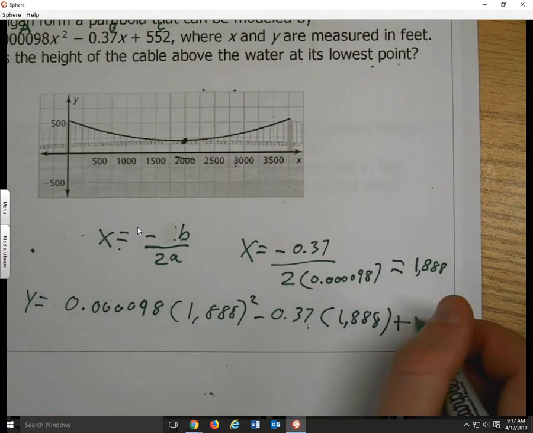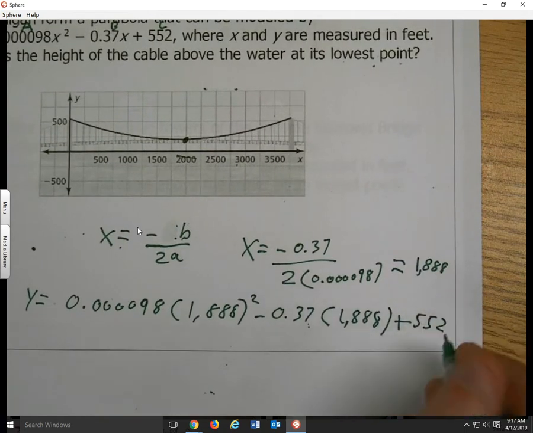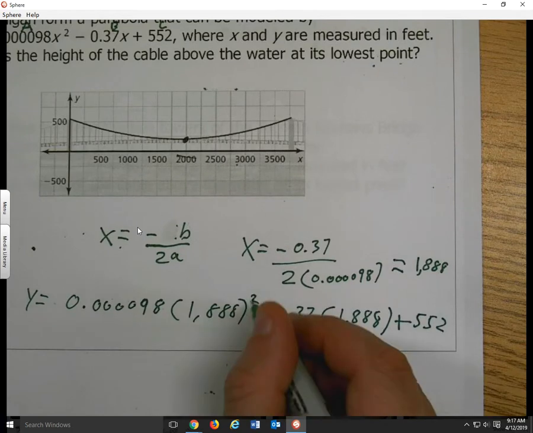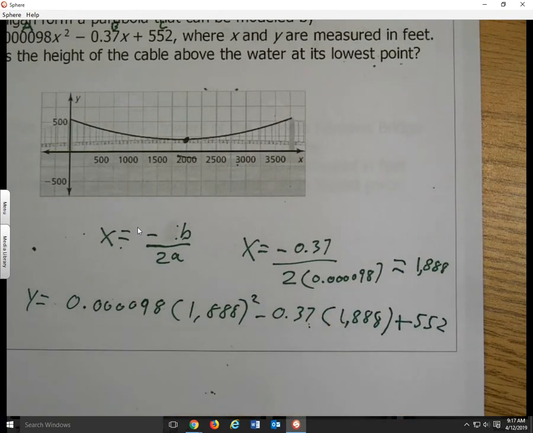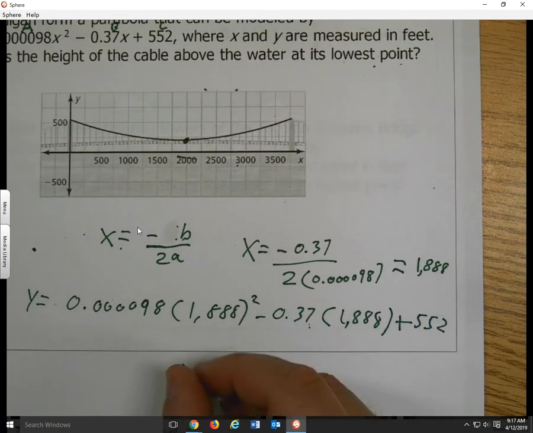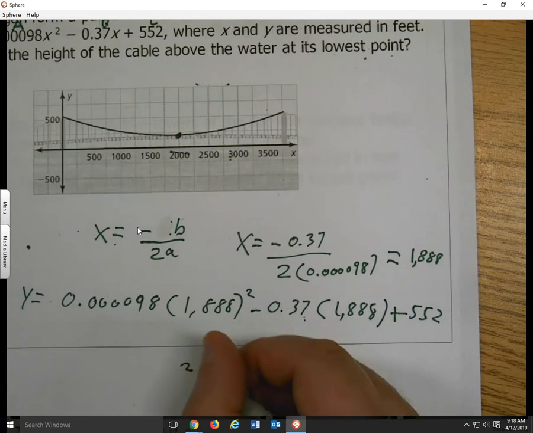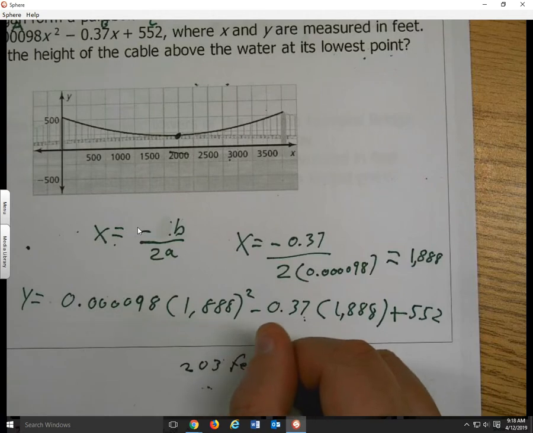Oh, 552. So when you square first and then multiply and then subtract, the answer ends up being around 203 feet.